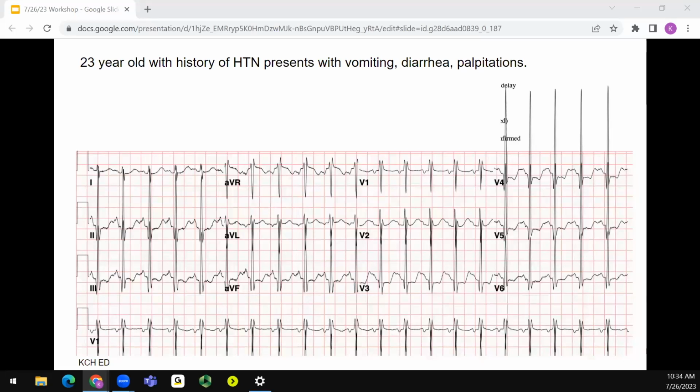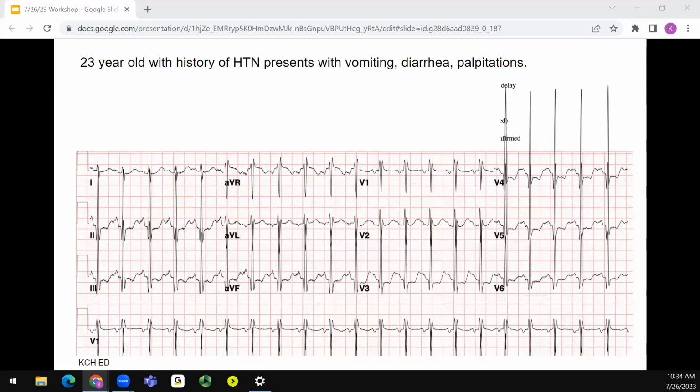Max says hypokalemia. What else could give you a long QT? Hypocalcemia. Is this more likely hypocalcemia or hypokalemia? Clinically it's probably more likely hypokalemia, but in hypocalcemia your T wave just moves to the right.